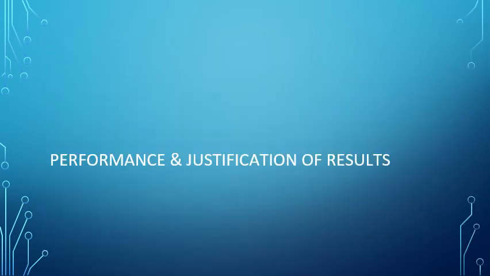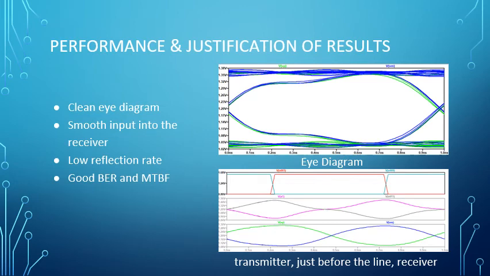This is for the performance and justification of our results. Here we have a couple of diagrams. The first one on the top right is our eye diagram, and we can see that it has a nice, clean eye that we can visibly see. On the bottom right is the transmitter, and then from the top to the bottom of that same image, just before the line and the receiver, we have a smooth input into the receiver.